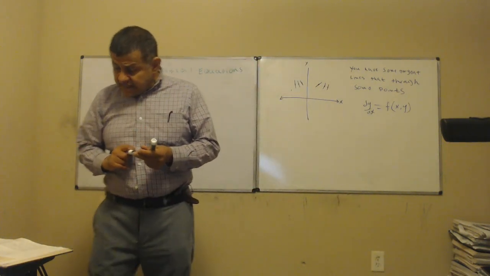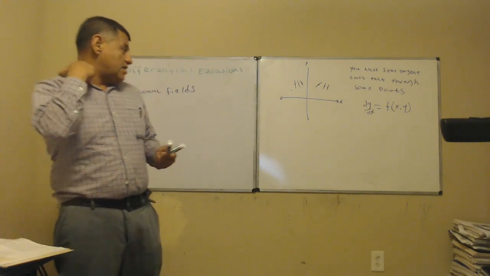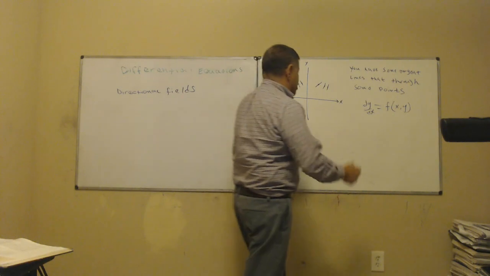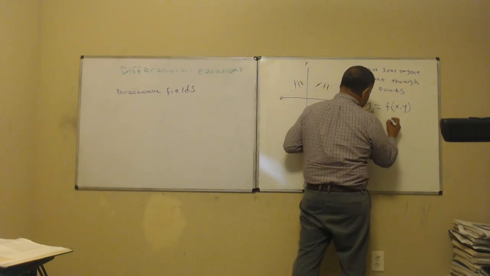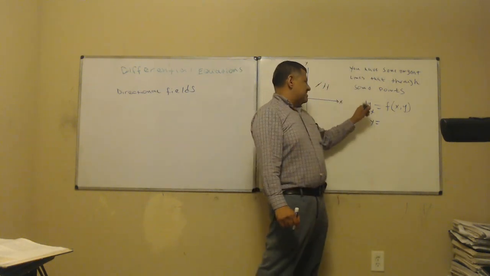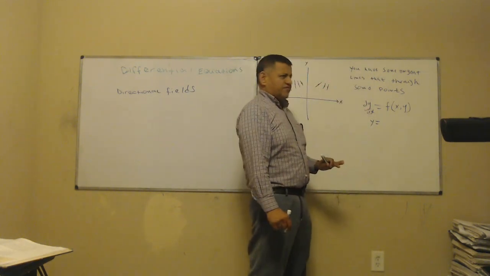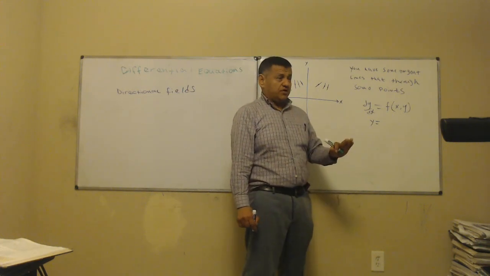If that is the case, then the general solution would be y equal to something, because one variable has to be independent and the other dependent.